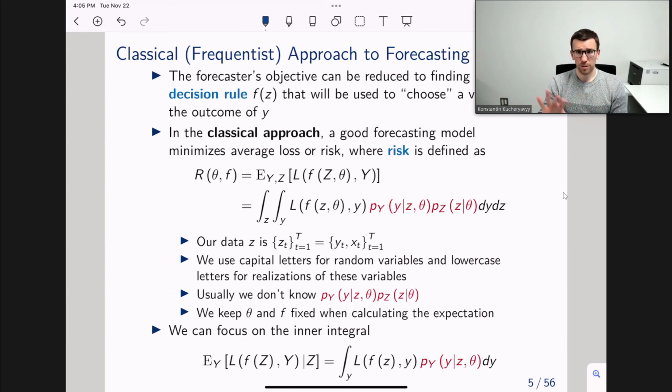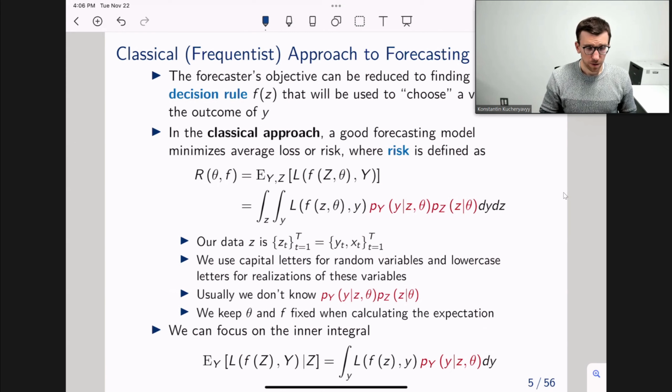I will postpone it till later today, but I will come to it. Once I start talking about the Bayesian approach, I will talk a little bit about the philosophical distinction between the classical frequentist versus Bayesian approach. But right now, it's better to focus on just one approach, understand it well, and then see how it can be done differently.